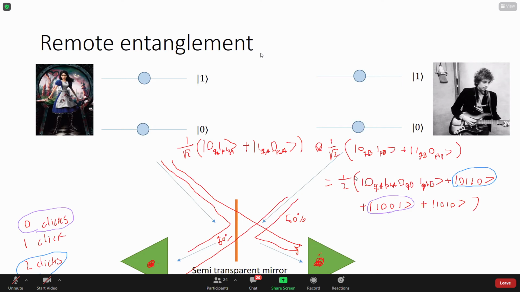And the final option, and that's the one we really care about, is the 1 click state. Because we don't know where the photon came from, we just know that it came from one of the 2 people. It can either be this state here or this state here. So if we do 1 click, the state after that becomes 1 over square root of 2, and then we get 0 at qubit A, which is Alice, and a 1 at qubit Bob, plus the 1 at qubit Alice and 0 at qubit Bob.